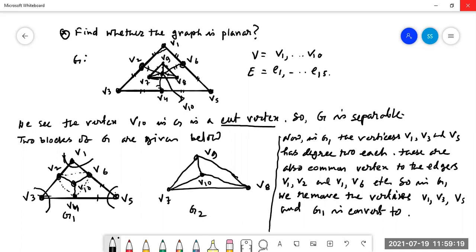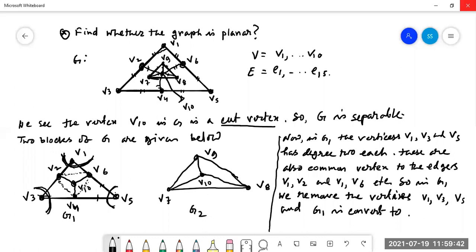If we cut one vertex, this is called the cut vertex. So from here, this V1, V3 and V5, they are cutting there and we are making the block. So we are taking this one, this and this. Then it is coming like that. Then after cutting this V1, V3, V5, this G2 and G1 will be the same.